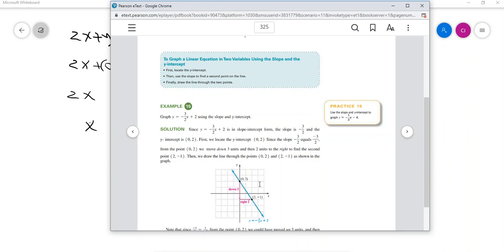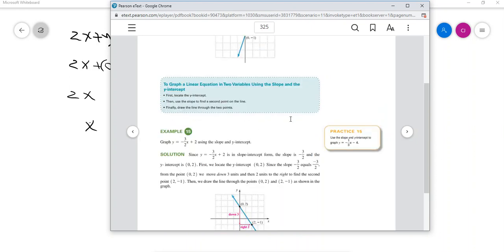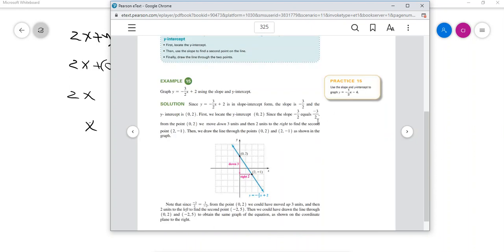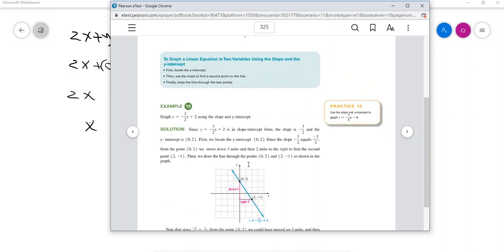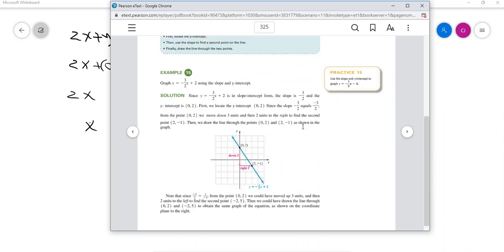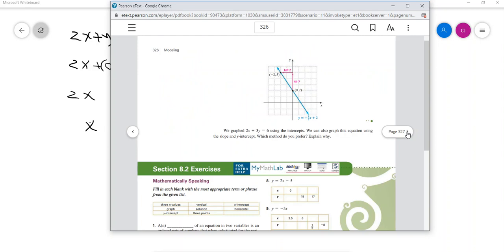And they say, well, you could use the slope to help you find it, but I suggest that you just find the other intercept, and that would be the easiest way to do that. So again, I'm not going to spend the majority of the time on that. We want to go to 346.